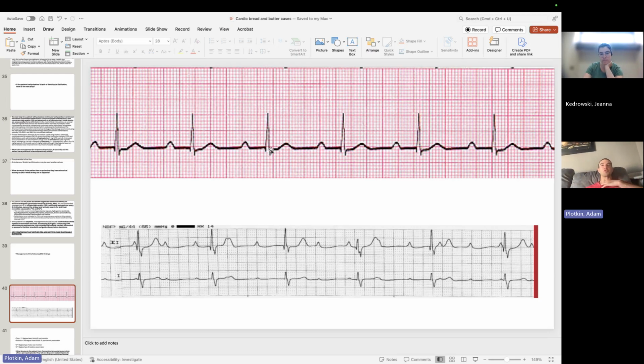They'll often put atropine as an answer because students will pick it because they know it's used for symptomatic bradycardia. But if they have symptomatic bradycardia because of AV nodal blockade, giving them atropine is not going to do anything. All right, so now take a look at this bottom one and see how it's different.